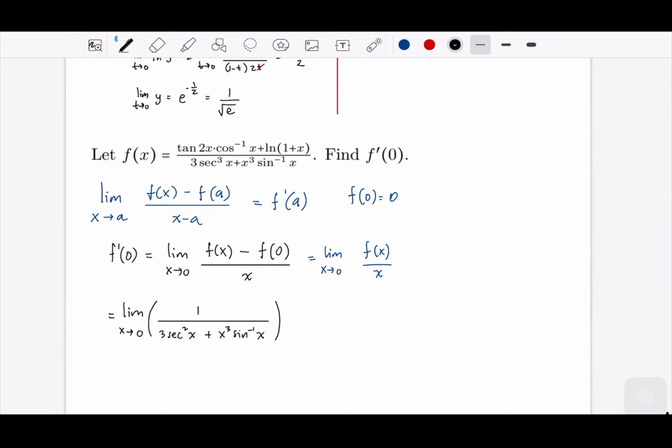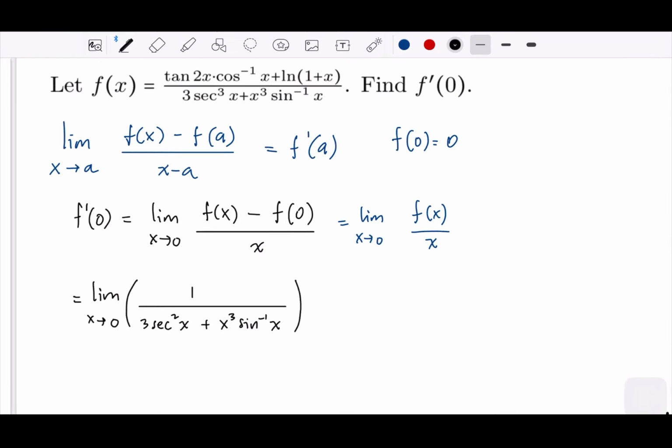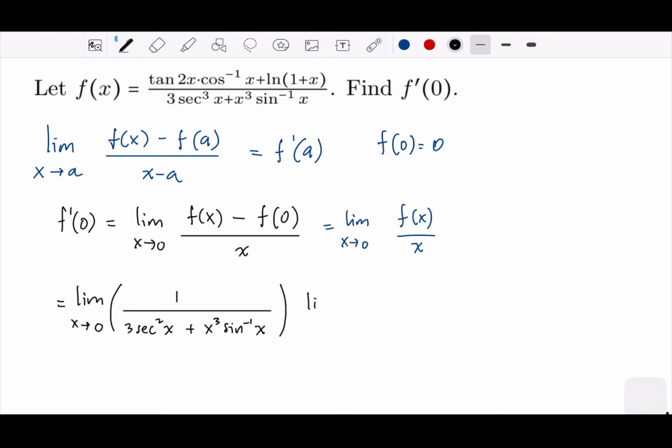And then multiply with another limit here: as x goes to 0, tangent 2x, cosine inverse x, plus ln(1 plus x).